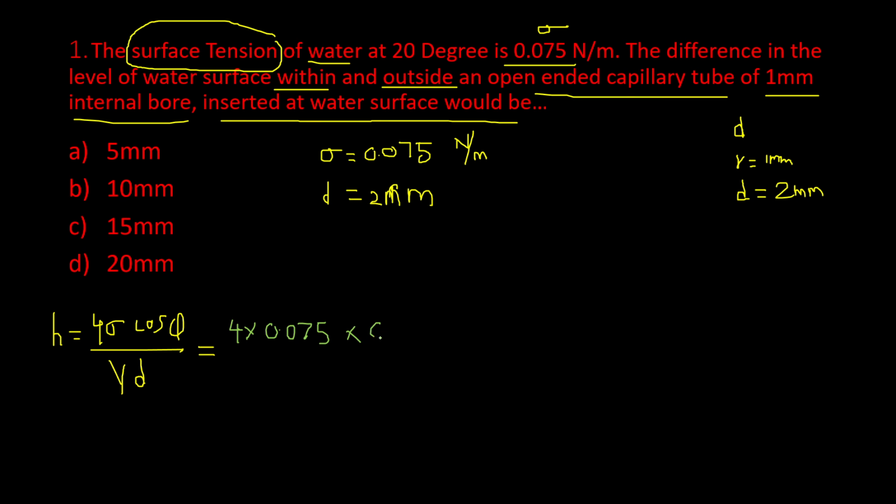So we will be taking here cos 0 divided by gamma value for water is 9810. So this is a standard value that you have to remember, and diameter is 2 mm. So we'll write here 2 into 10 to the power minus 3. Okay, so if you solve this, you will get the answer as 15 mm.